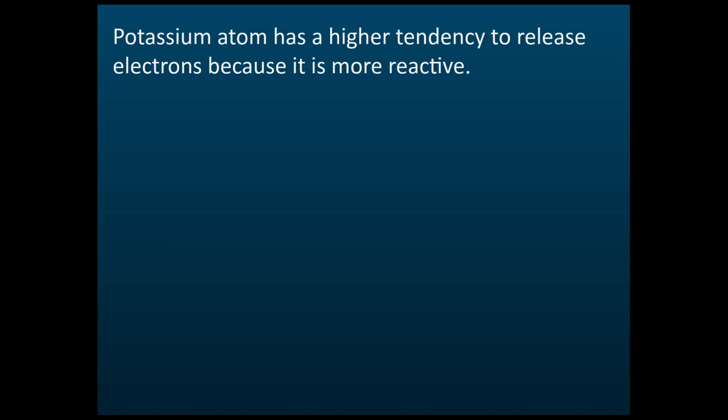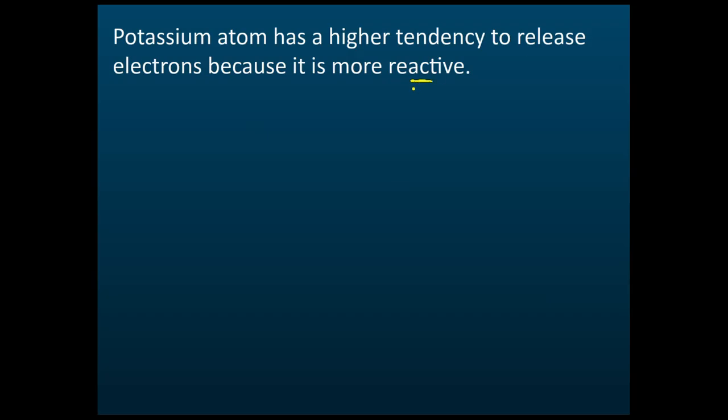Potassium atom has a higher tendency to release electrons because it is more reactive. This is not correct. Why? It is more electropositive. Yes, Hui Cheng says we should use the word electropositive instead of reactive.